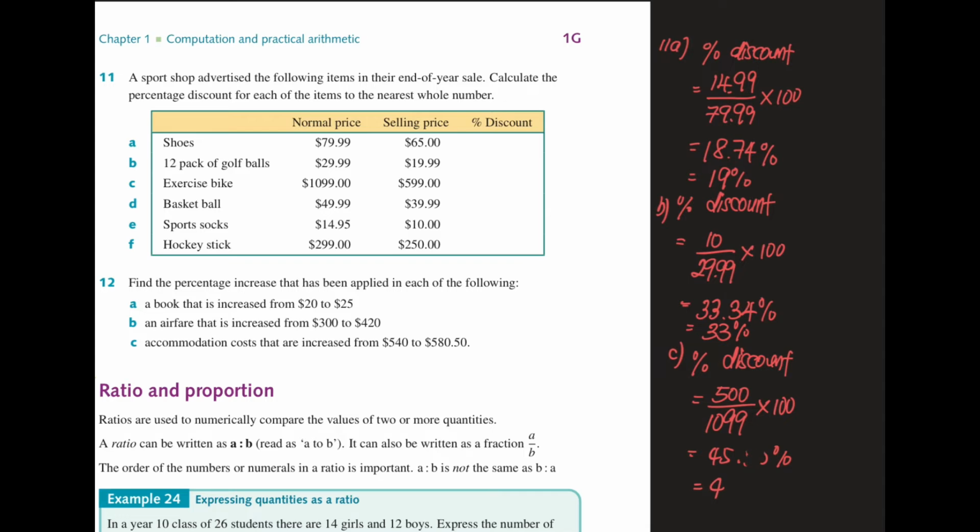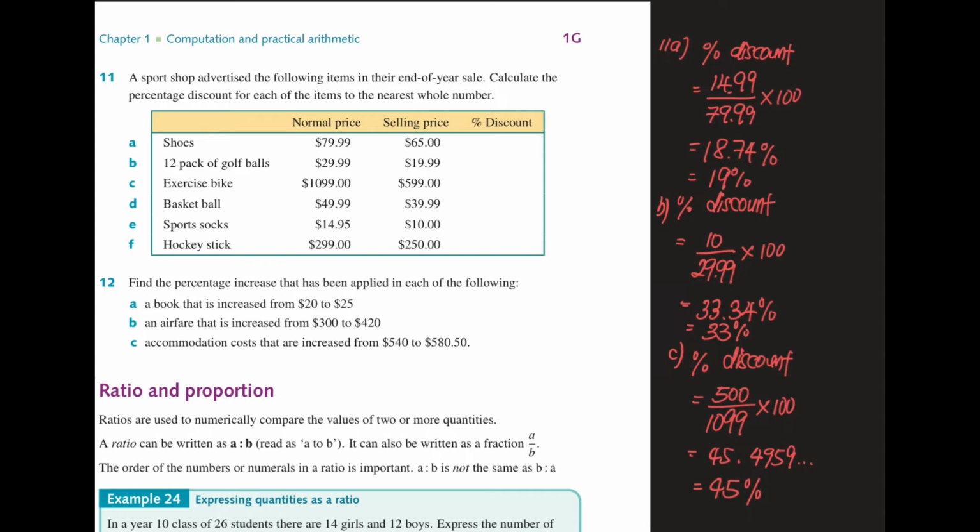Okay, so this is originally 45.4959 and so on. So if I round off this, it should be 45% instead. 45%. Okay, so answers in whole number.